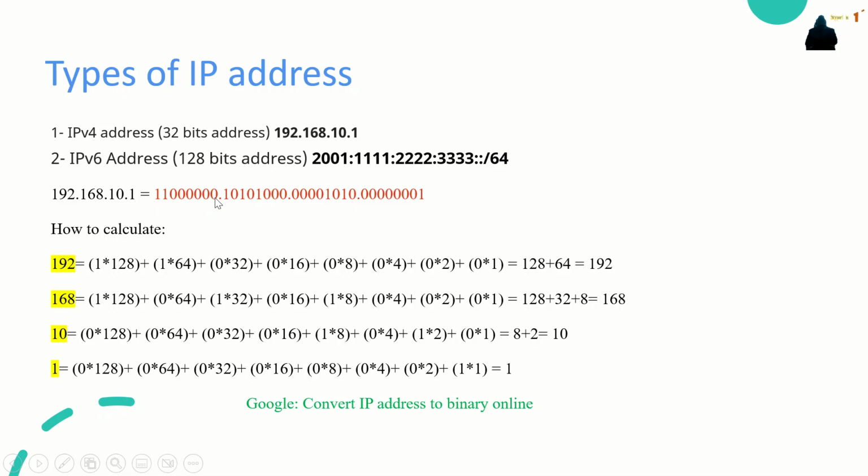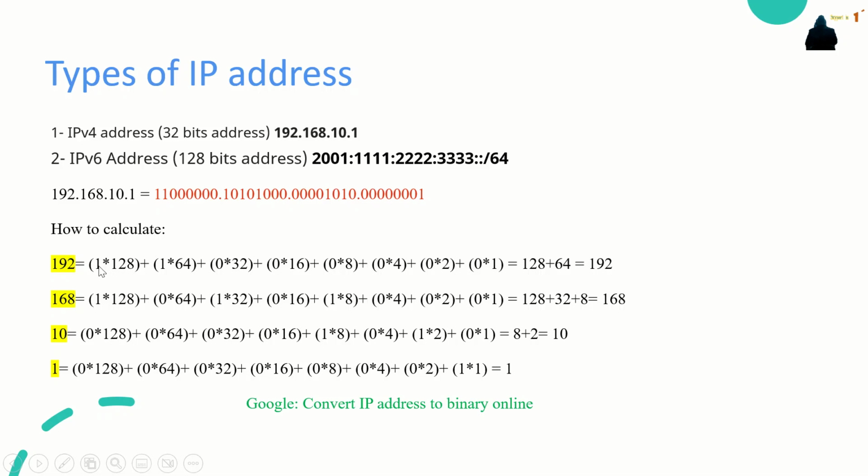And it's a standard. You can see that we only have two 1s here in the first section, and there are 8 digits for each octet. This is the first octet, second octet, third octet, and also the fourth octet.